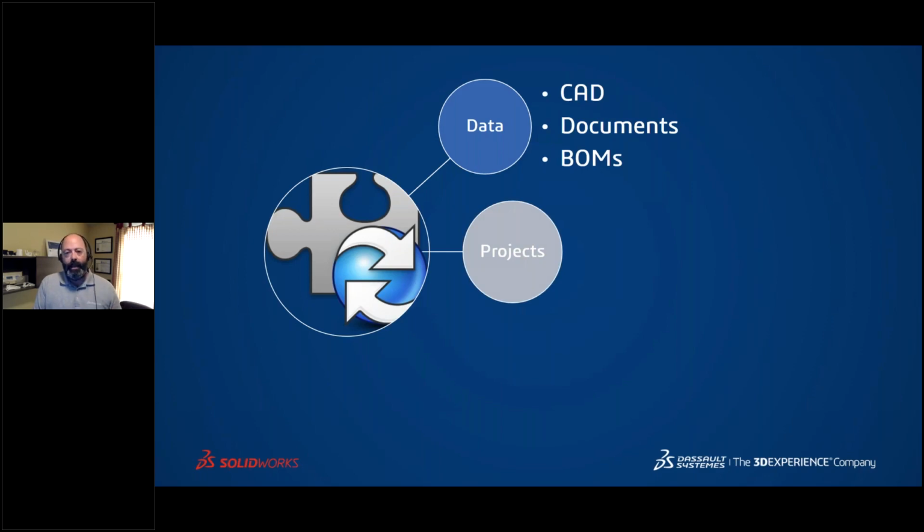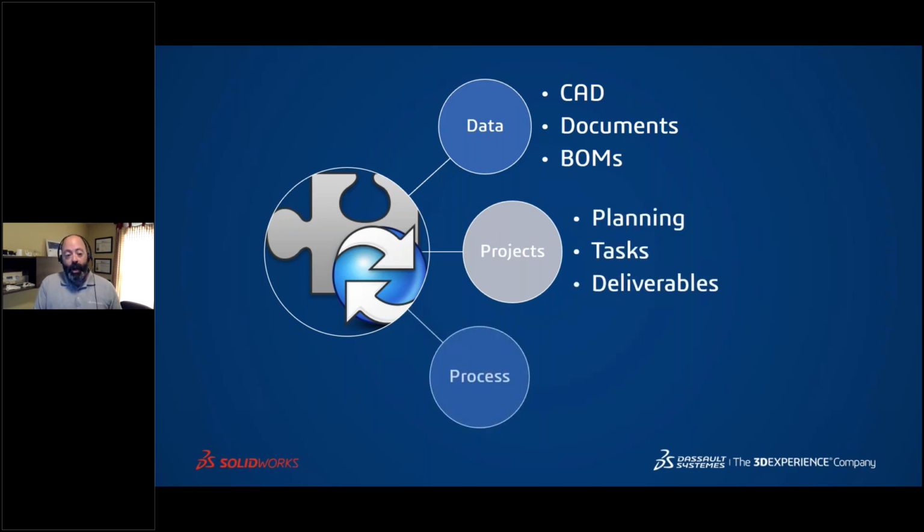Again, we are expanding PDM Professional capabilities to do proper planning, assigning tasks, and see the deliverables. And then the other thing is processes, where we can actually approve processes, changes, and automate all of that. So that kind of wraps up what I had in line for this session.